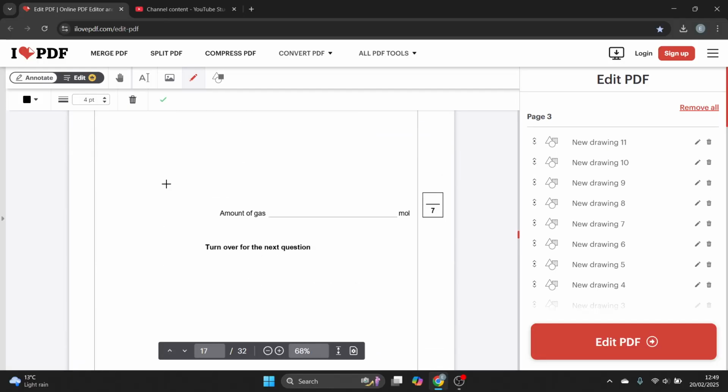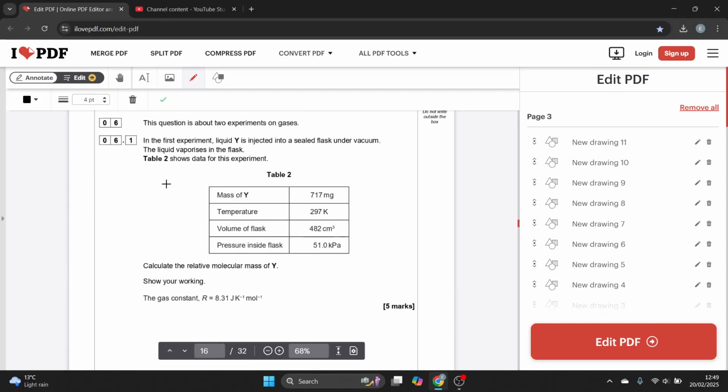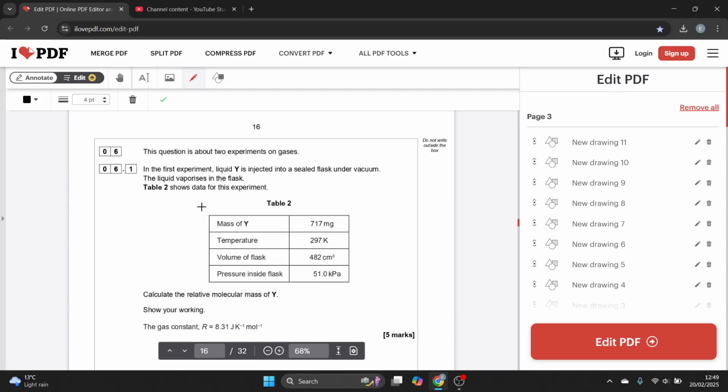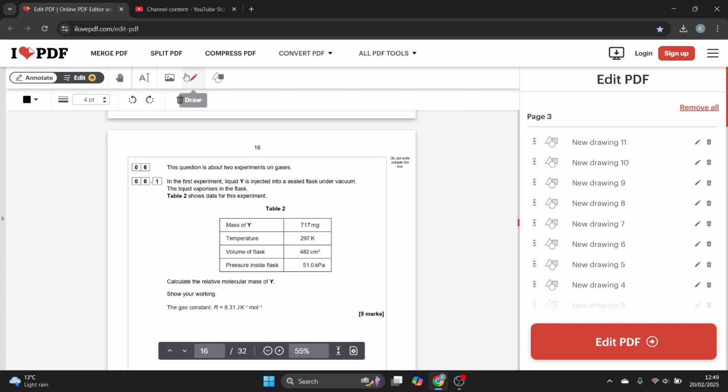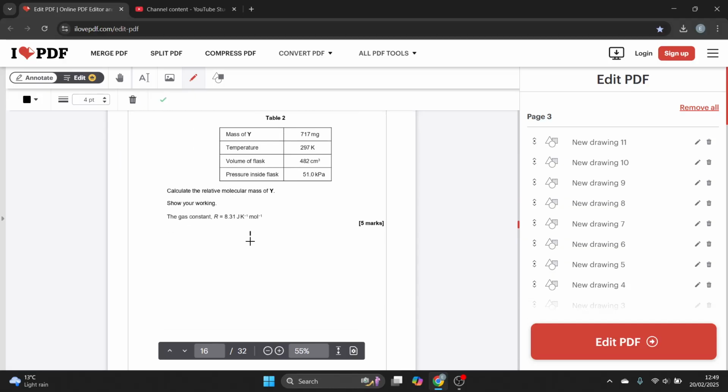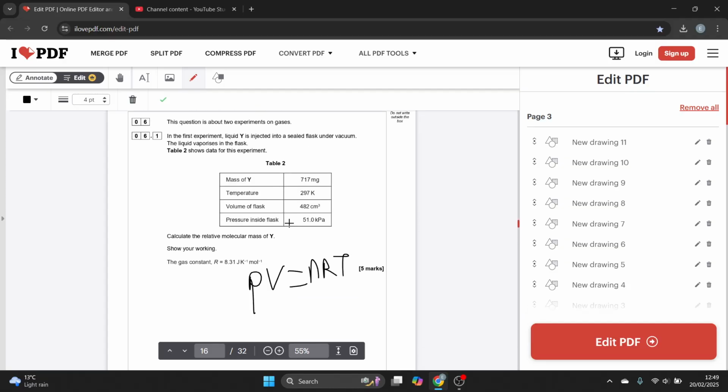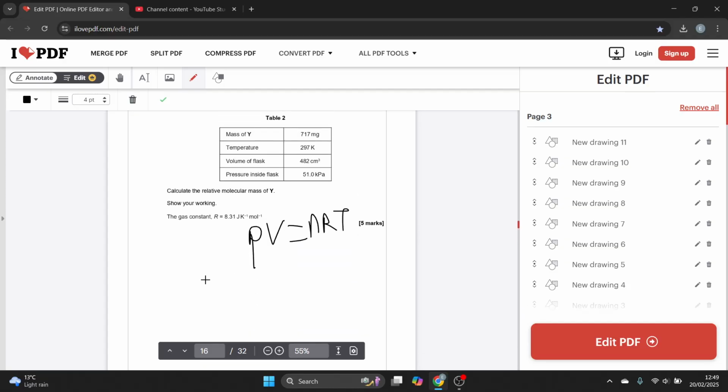Calculate relative molecular mass of Y. Okay. So I'm going to obviously use PV because I know T. Ideal gas equation, that's probably maybe the hardest step to identify, because the rest is rearranging the equation and finding Mr. So then n is PV by RT.